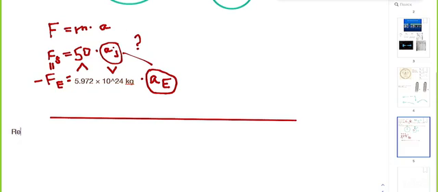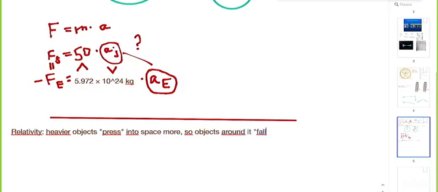So in relativity, you study that basically the heavier the object, the bigger the hole it makes in space, and things just fall into this pit. So heavier objects press, quote unquote, into space more, so objects around it fall into the pit, quote unquote.